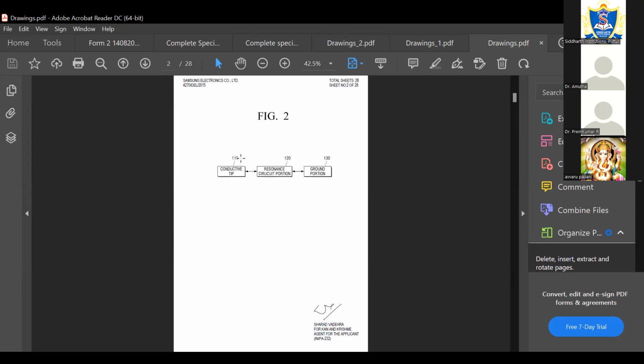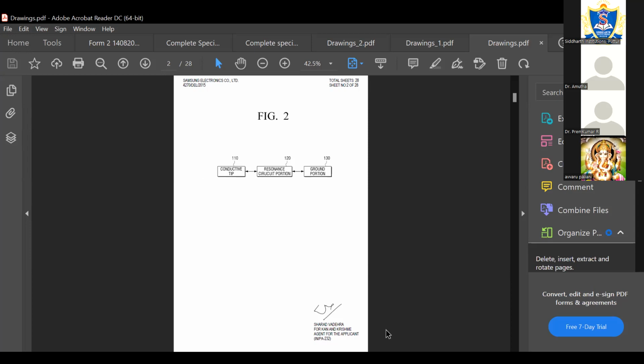Each and every block should be referenced by numbers only. So you cannot include descriptive items over here. Since it is a flow chart, as an exceptional case, a short descriptive part can be included in this figure. But while giving reference, you have to refer only to the numerals in the text or in the description.